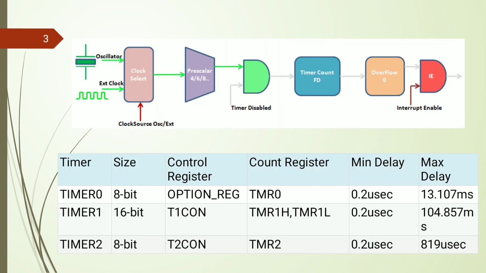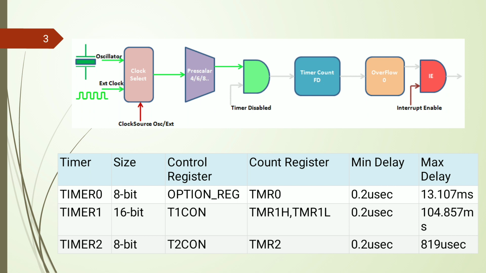Before that, we see the general block diagram of a timer circuit. Whether you have selected the internal oscillator clock pulses, which is considered as internal pulses or internal timer, or if we want to connect external clock pulses, in that case we have to select the external clock pulse.